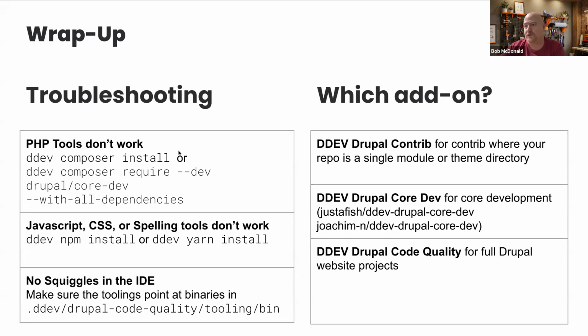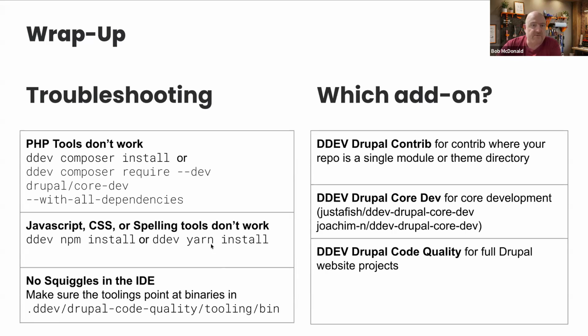So run ddev composer install, or if you're missing that dependency altogether, you can either rerun the installer for the add-on, or you can require core-dev as a dev dependency on your own. The same thing with ESLint, CSpell, Stylelint, and Prettier. Those are node-based dependencies, so you can do a ddev npm install or a ddev yarn install.